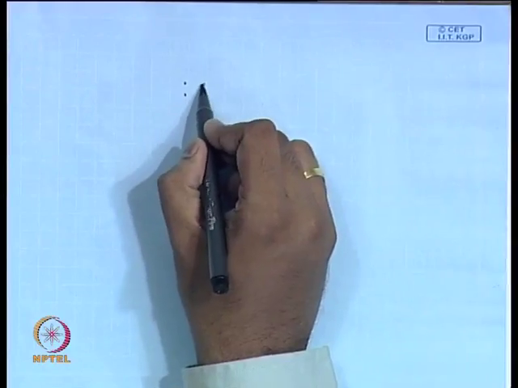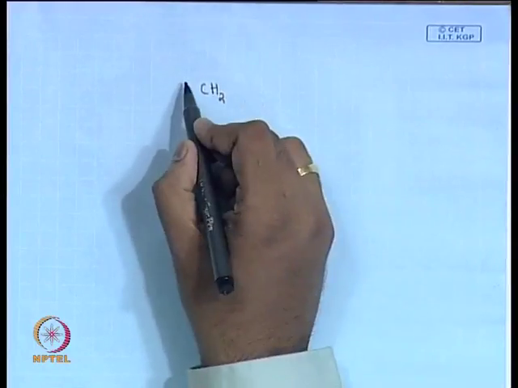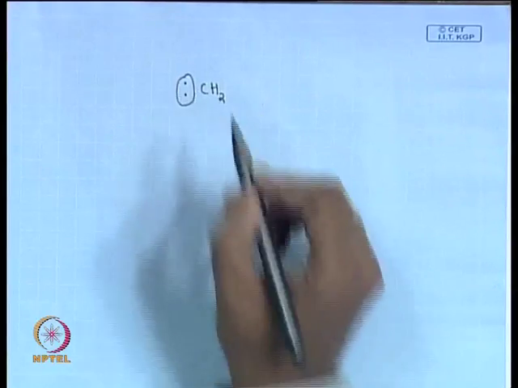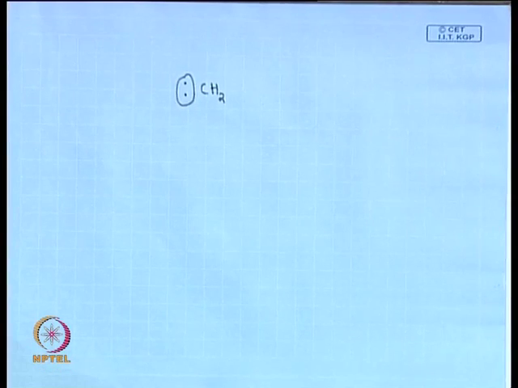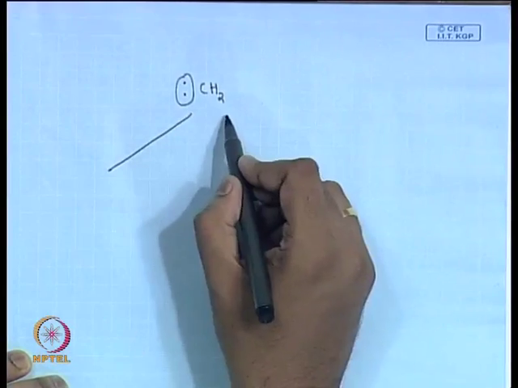Now, coming to these 2 electrons, if I introduce spin, I will put 2 dots there. There are 2 ways I can write the spin, because these are more like p orbitals.